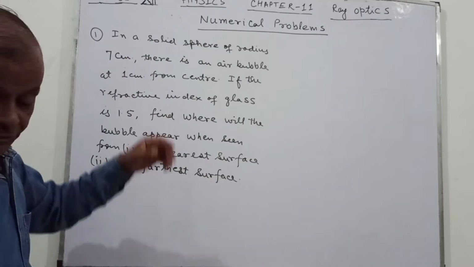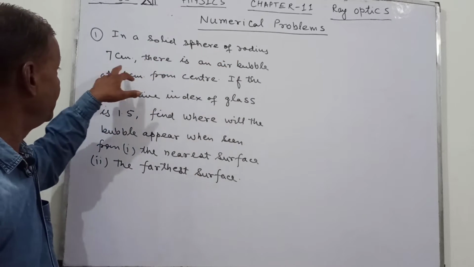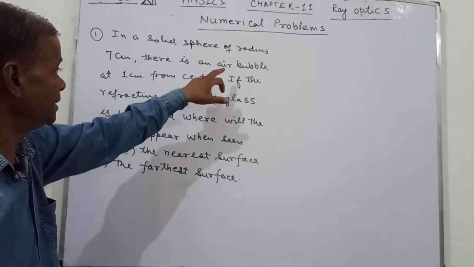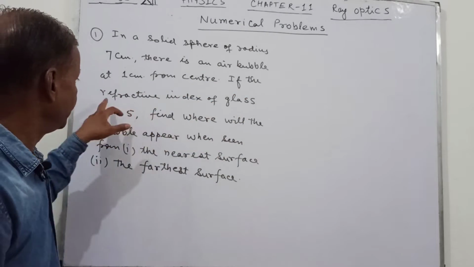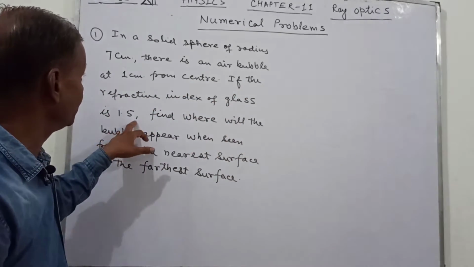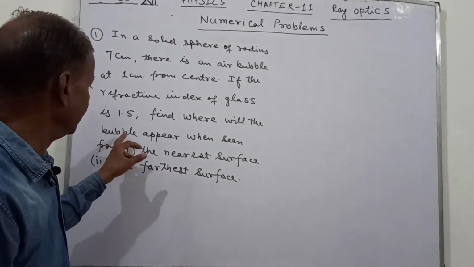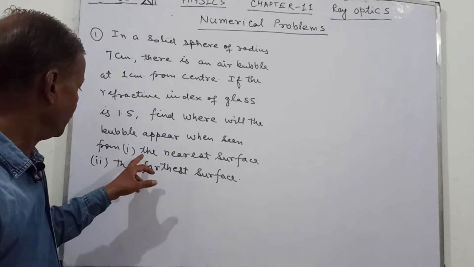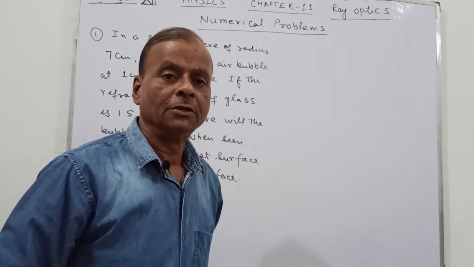This is given in the question. In a solid sphere of radius 7 centimeter, there is an air bubble at 1 centimeter from the center. If the refractive index of the glass is 1.5, find where will the bubble appear when seen from first the nearest surface and second the farthest surface.